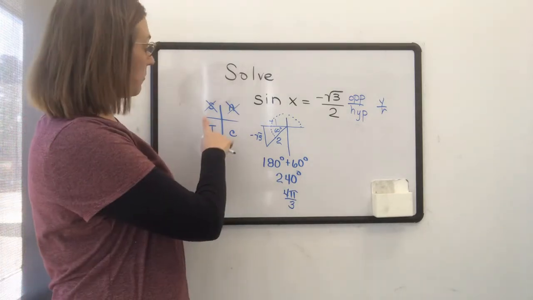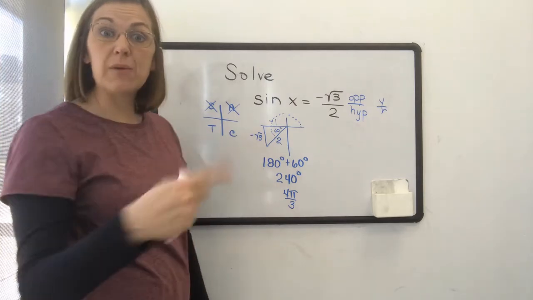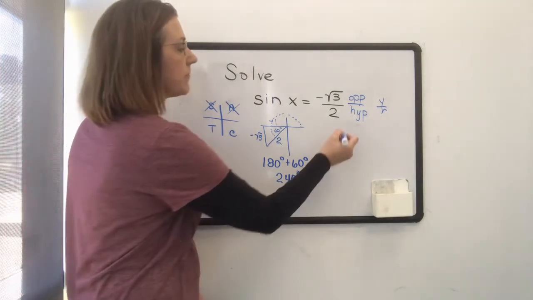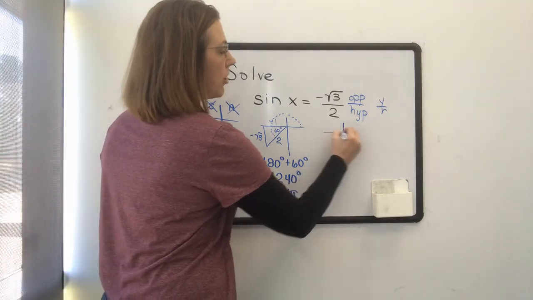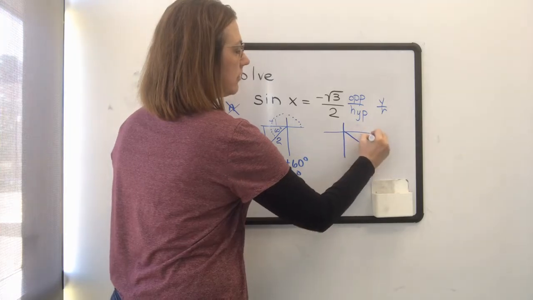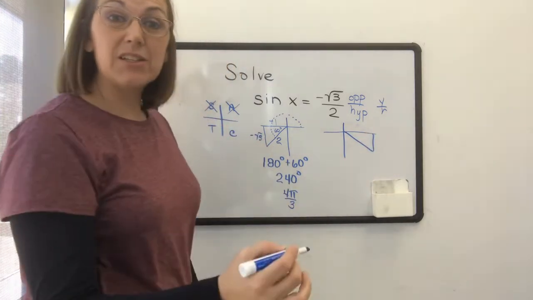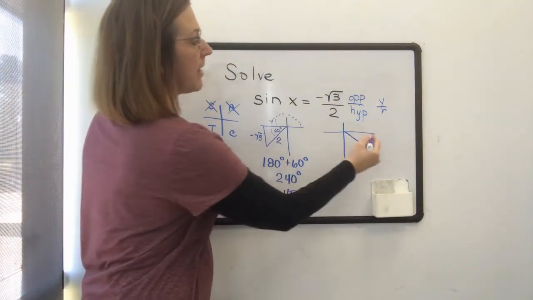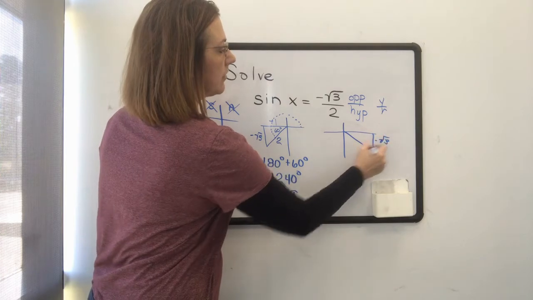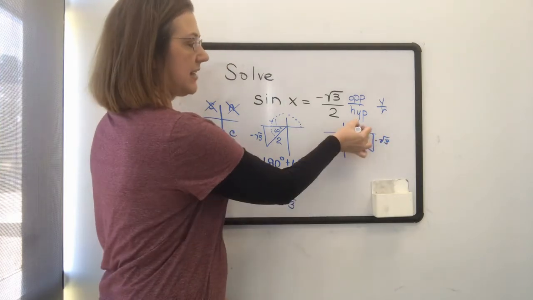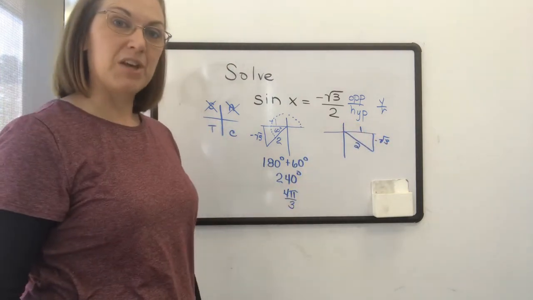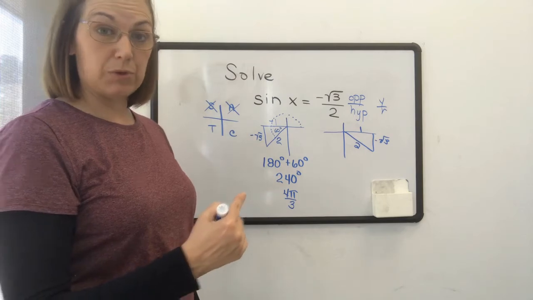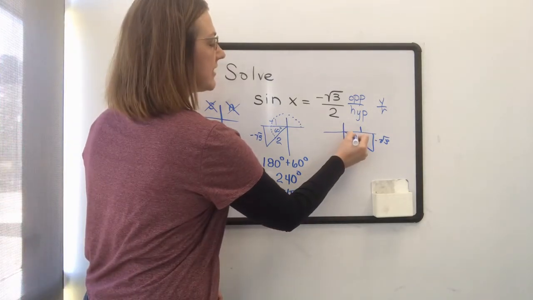Now, remember, we were looking in quadrants 3 and 4, so now we need to go find the angle in 4. We'll do it the same way. Draw your reference triangle. Label the sides of your triangle, opposite, hypotenuse. Missing side here is positive 1, but the reference angle, which is what we're looking for, is 60.